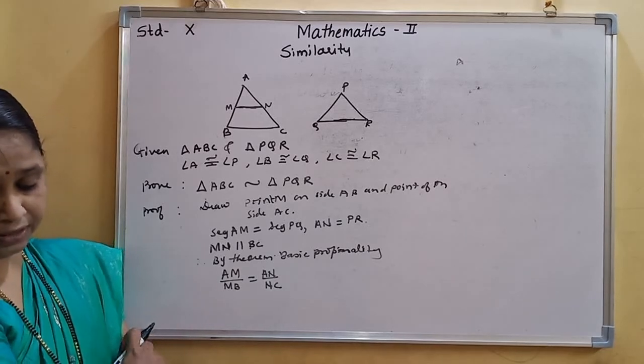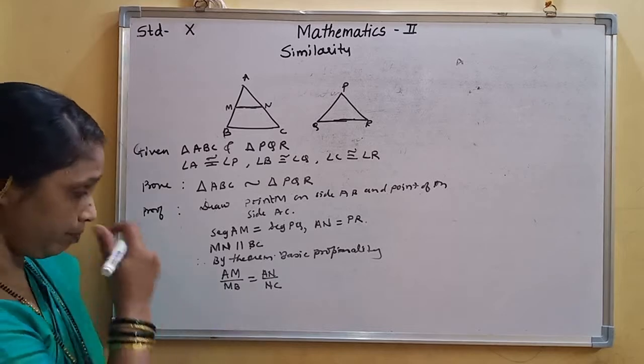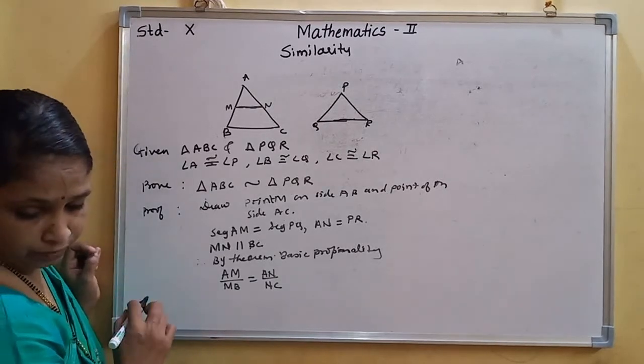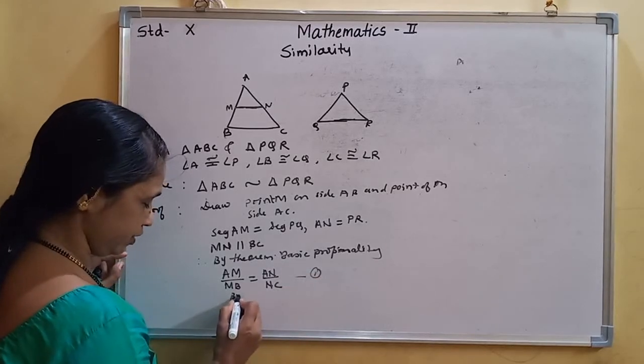AM upon MB is equal to AN upon NC. Now what can we do? By invertendo, what will we get?